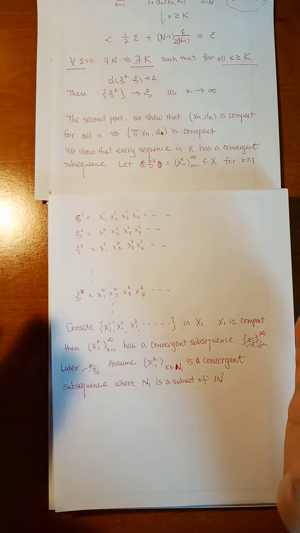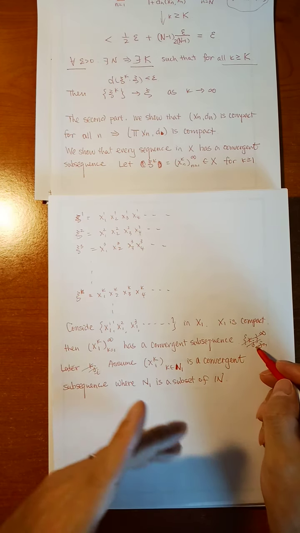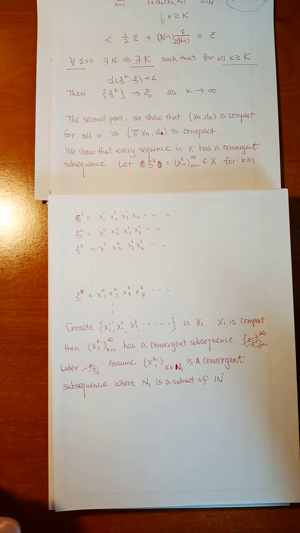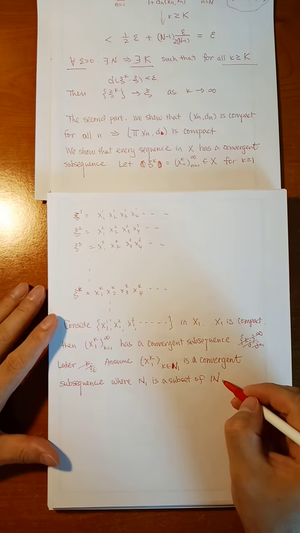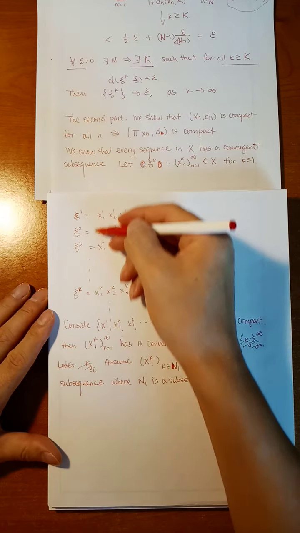N1 is just a subset of it. It's like k1, k2, k3, they form a subset. Okay? So that's the argument in the first column.